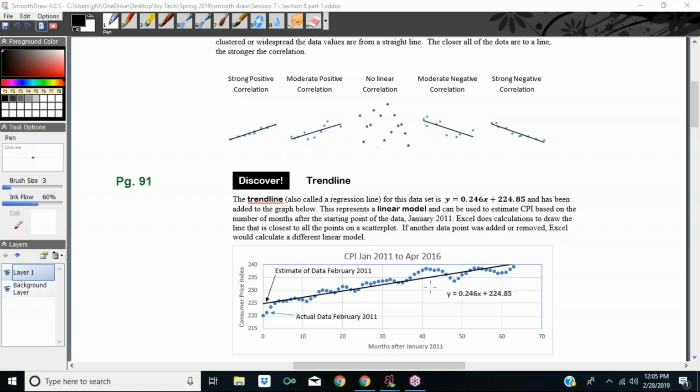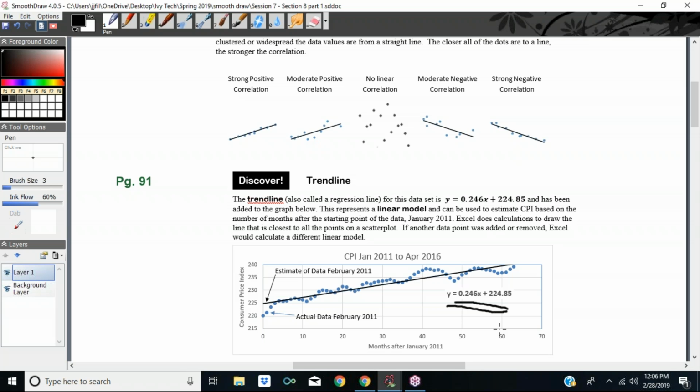So the graph was originally all the dots, those are all the data points, and then we can computer generate a best fit line or a trend line or a regression line for the linear model. It's a linear model because it's a straight line, and we can even have the computer generate the equation for us too.